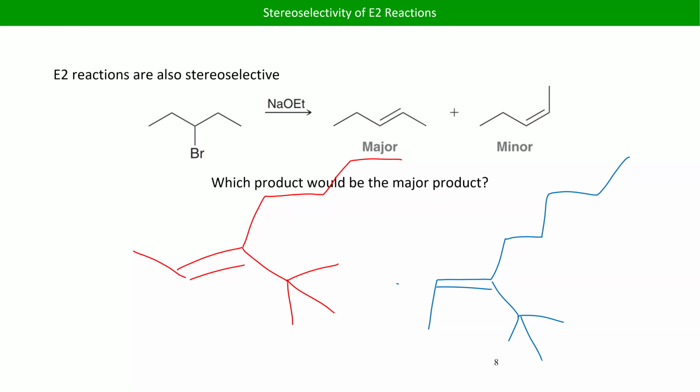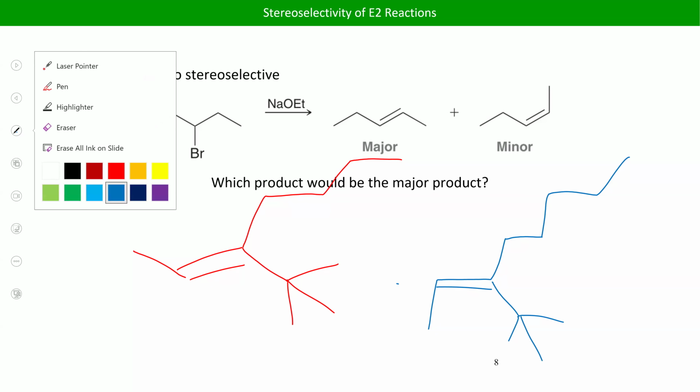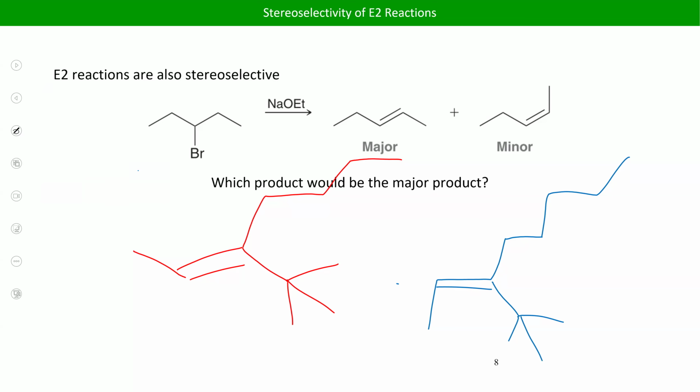So which of these is which? When you are assigning priority, in this case it's going to be carbon 2, and you assign priority for the two things attached to it. The methyl is going to have a higher priority than a hydrogen, so circle that one. On the other side, which is the higher priority? The longer chain, because we get carbon and a carbon, so they're tied. We assign priority the same way as with R and S, using atomic numbers.